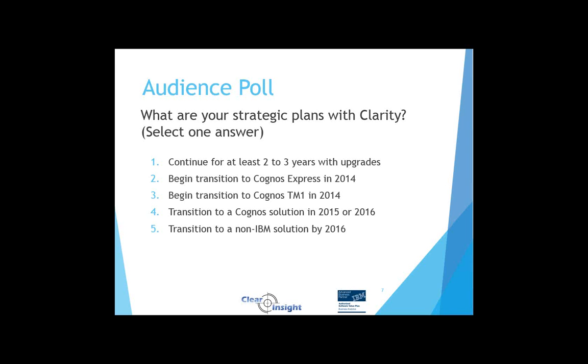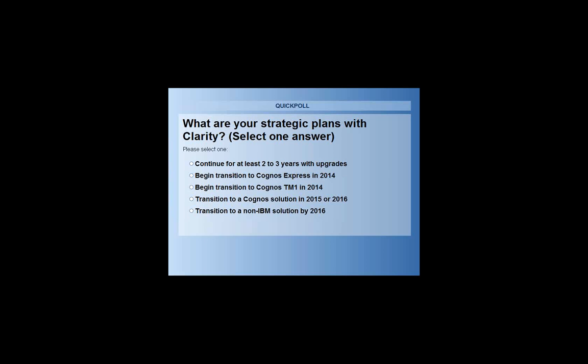Are you thinking about transitioning to Cognos Express in the coming year or so, to Cognos TM1 in the coming year or so? Or you're not sure, but there's talk about going to a new Cognos solution a couple of years out? Or is there also investigation of alternatives? So to help us, and it will be of interest to everybody again, just what's your plans with Clarity7? Many of you are on 7 already, so it'll be interesting to see where you're thinking of going.